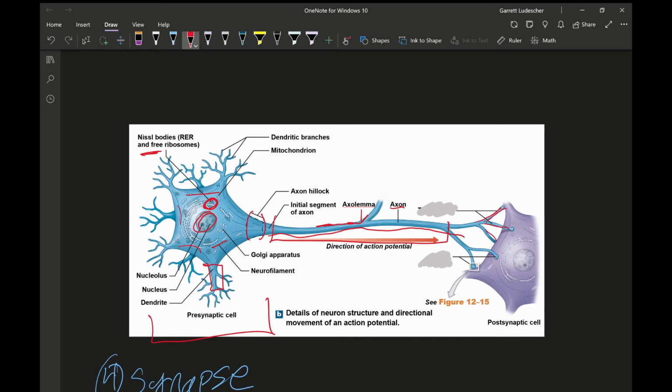And then over here, we have these extensions of the axon, which are called the telodendria. And finally, these little bumps on the end of the telodendria are the axon terminals. And that little section between the axon terminal and the postsynaptic cell is called the synapse.